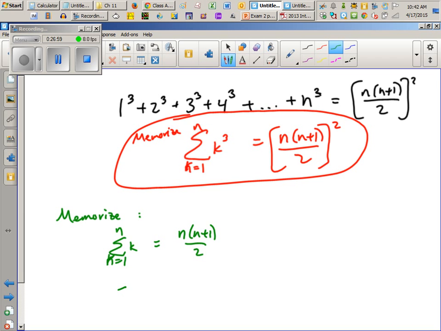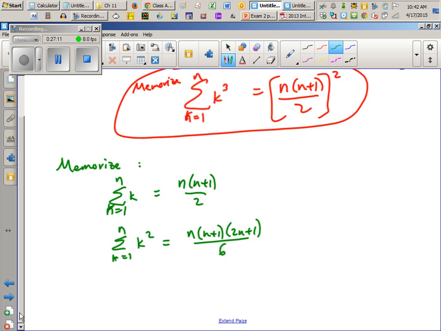You want to memorize that the sum of the first n perfect squares is n times n plus 1 times 2n plus 1 over 6. And you want to memorize the case for k cubed: n times n plus 1 over 2, squared.